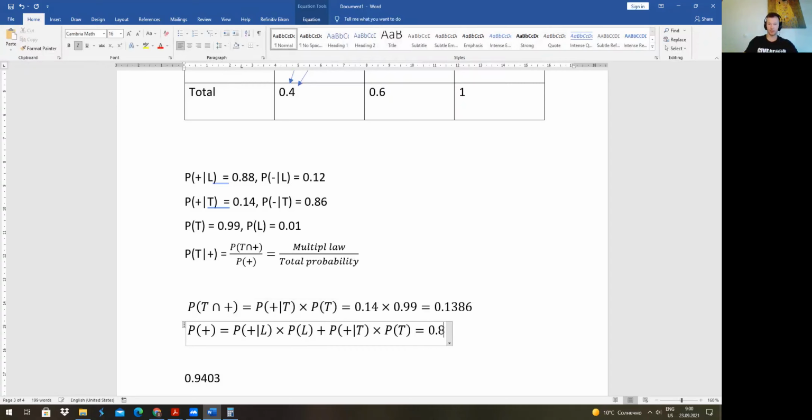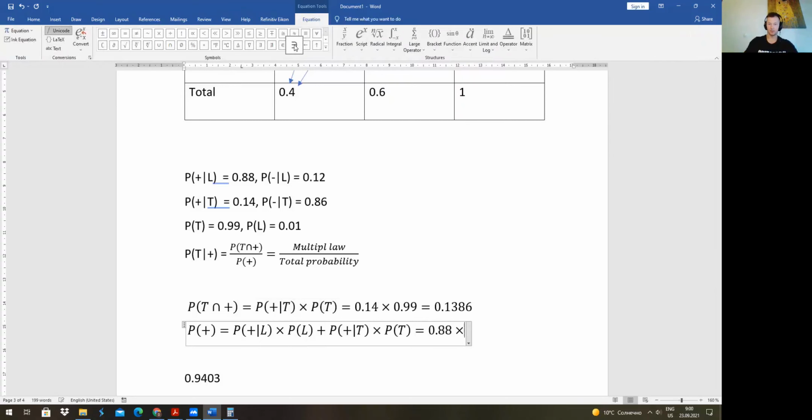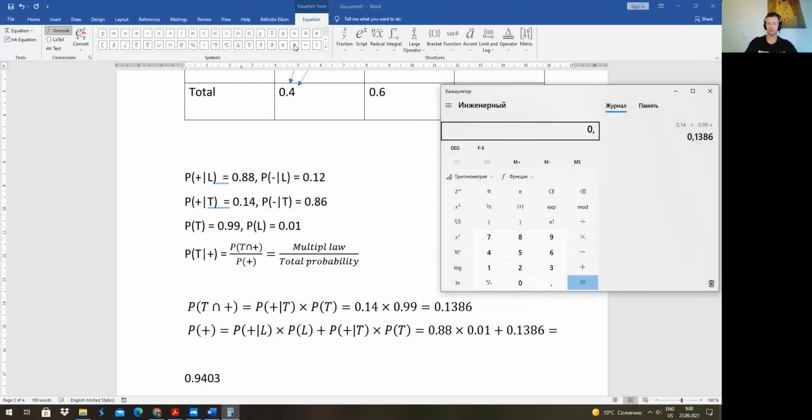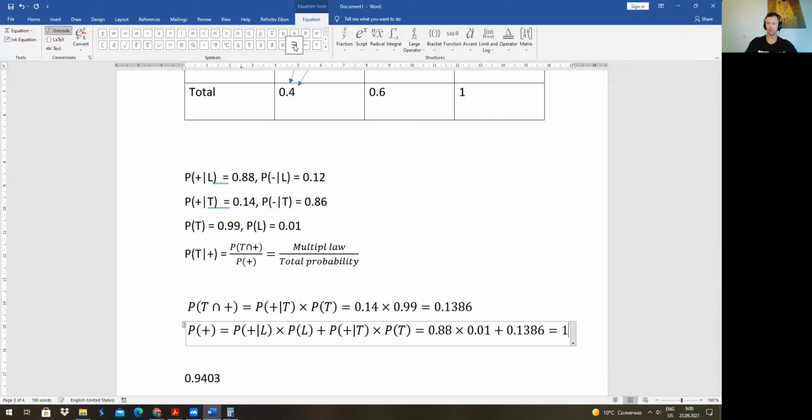So what's here? 0.88 multiplied by 0.01 plus this 0.1386. So that's 0.1474.